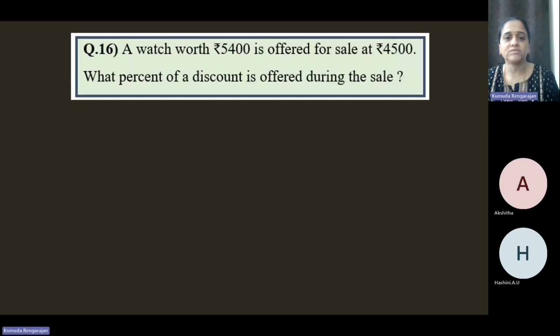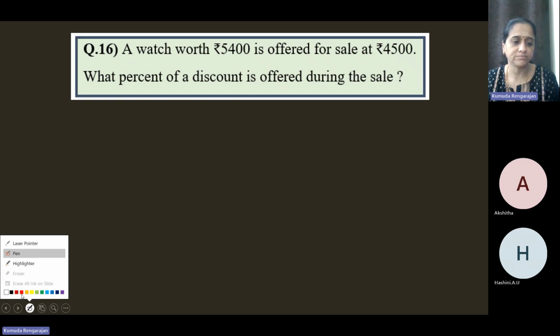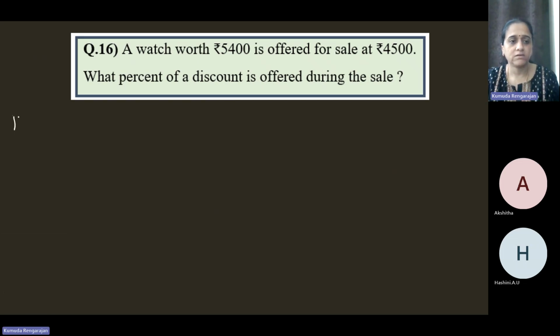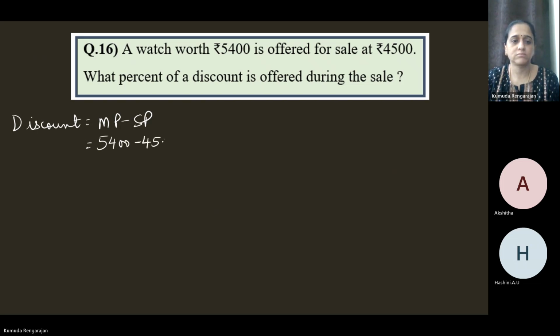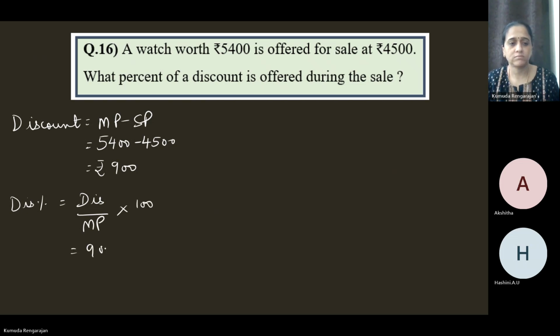A watch worth rupees 5,400 is offered for sale at rupees 4,500. What percent of discount is offered during the sale? So discount is equal to 900.